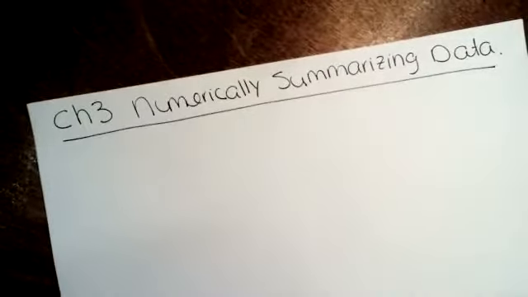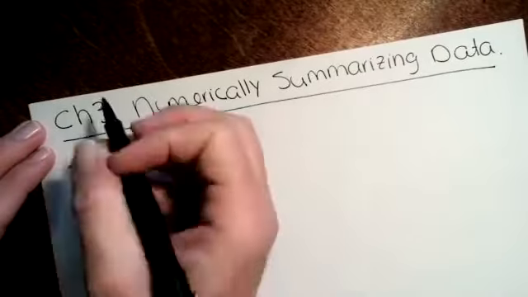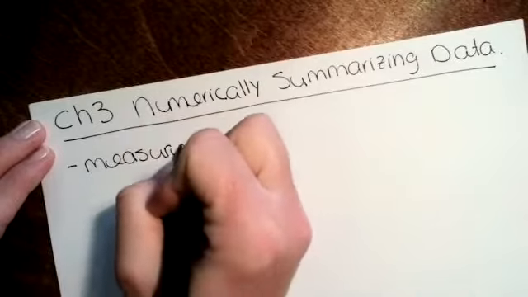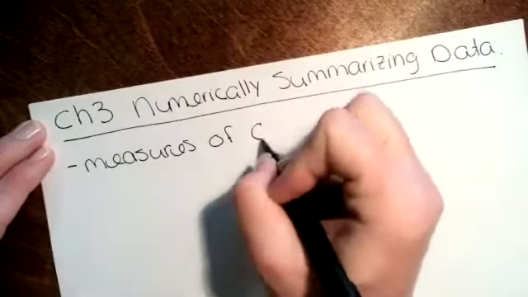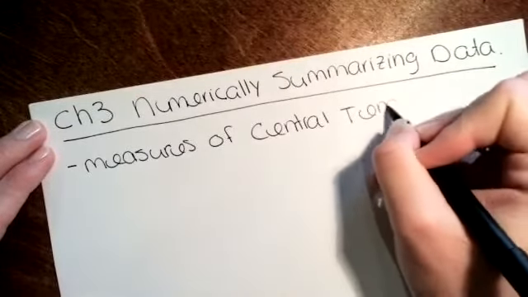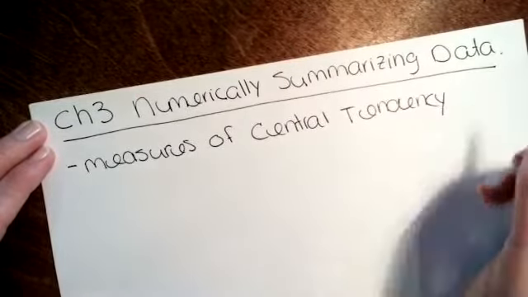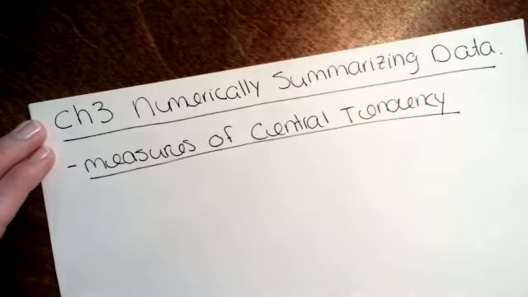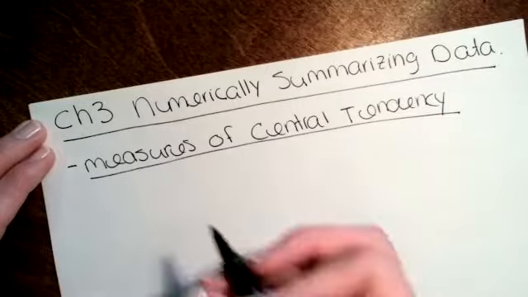Okay, so the first thing I want to talk about are the different measures of central tendency. So I brought this up last class. This is what I'm talking about here, the center or the typical value.